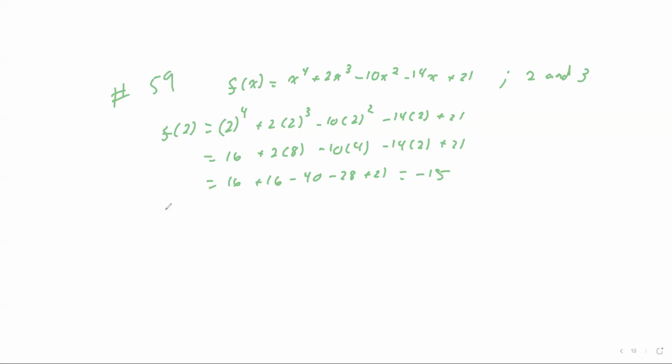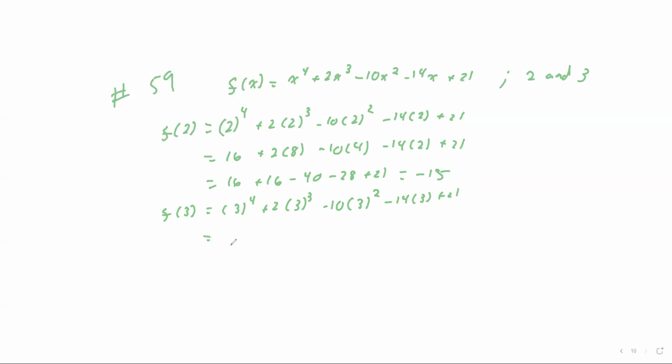Okay, so then we're going to try f of 3. So that'd be 3 to the 4th plus 2 times 3 to the 3rd minus 10 times 3 to the 2nd power minus 14 times 3 plus 21.